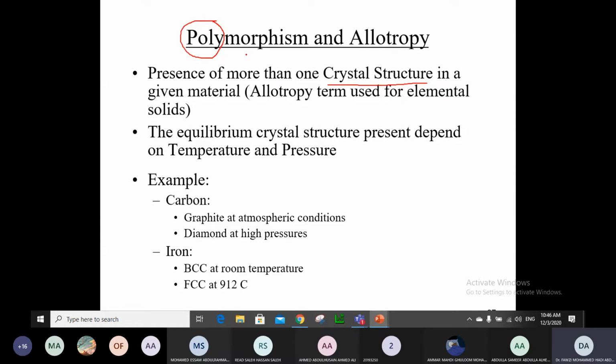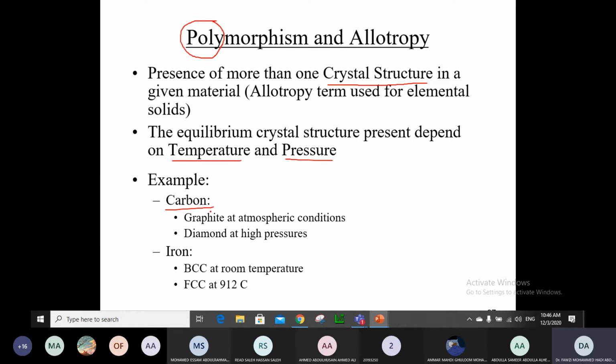We normally use this word. What does it mean? It means that there are elements or materials which display different crystal structures, many morphologies, with changing the temperature or the pressure, for example, because we will need this in chapter 9 specifically.